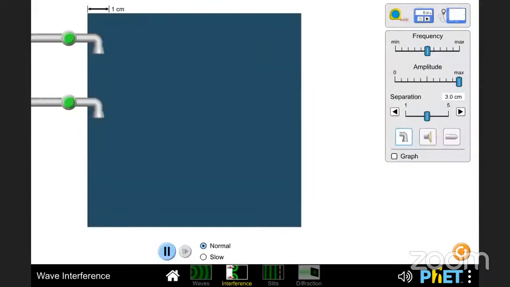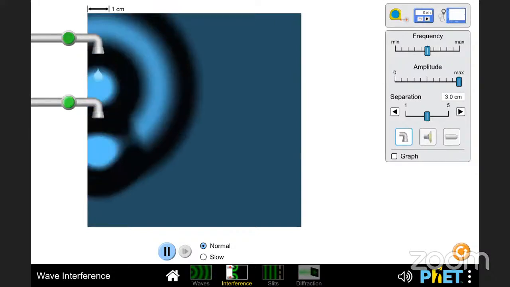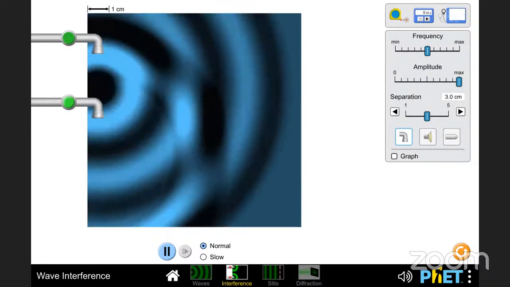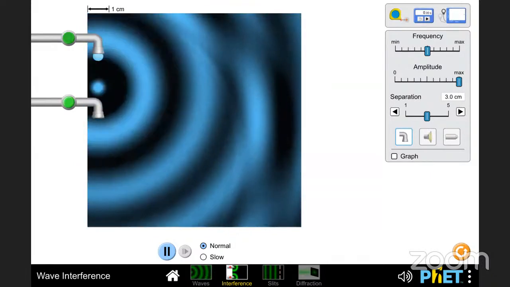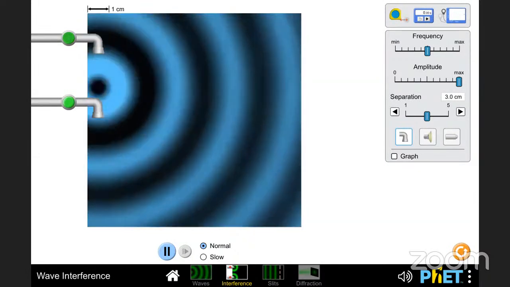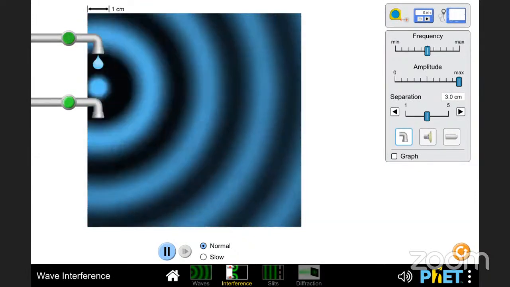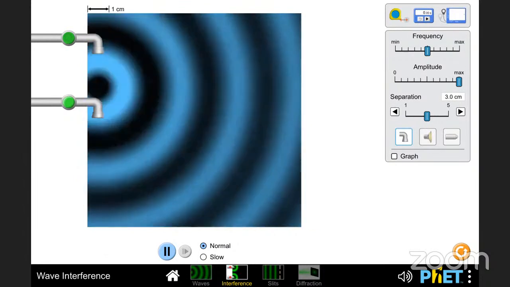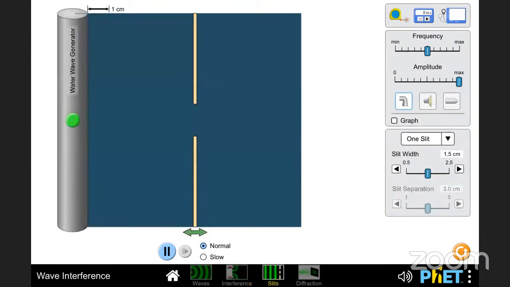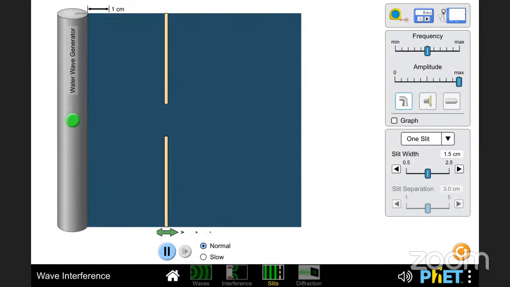All right, watch this one here. Let's see if we can see it. How do I put the double slit again?